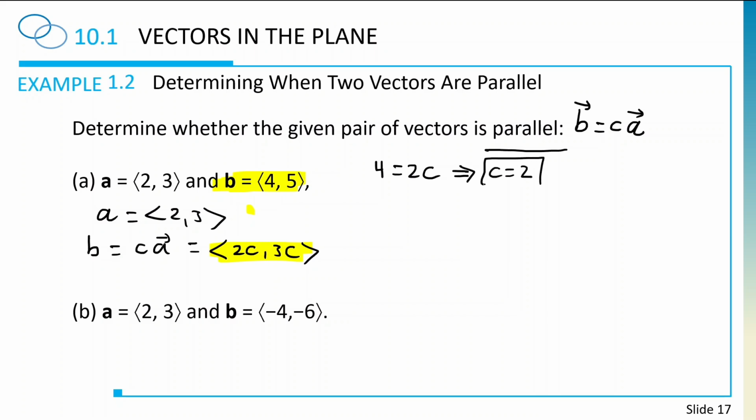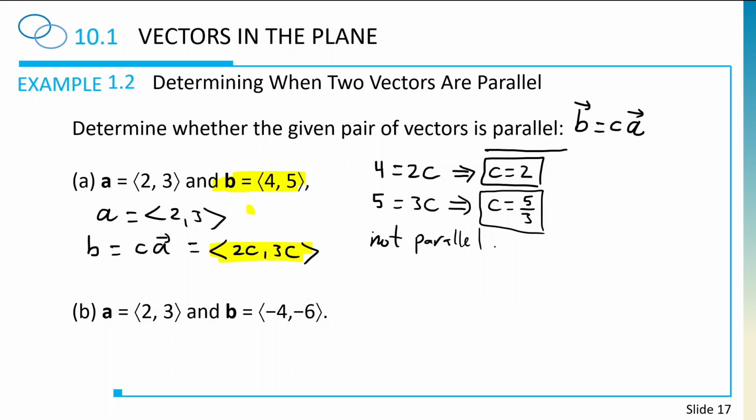Okay, good. I'll do the same for the second component. So 5 is equal to 3C. Solve for C, so C is equal to 5 over 3. And this is a contradiction. This is supposed to be the same C. If I'm getting different C's, they are not parallel to each other.